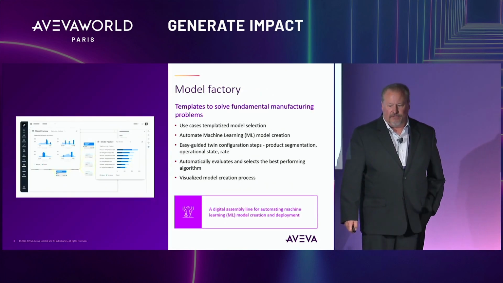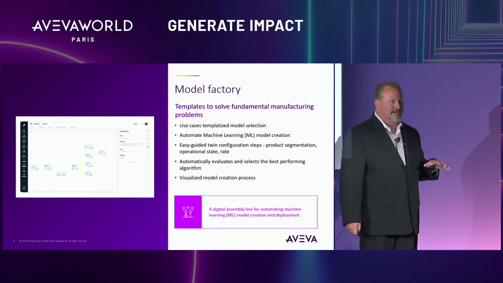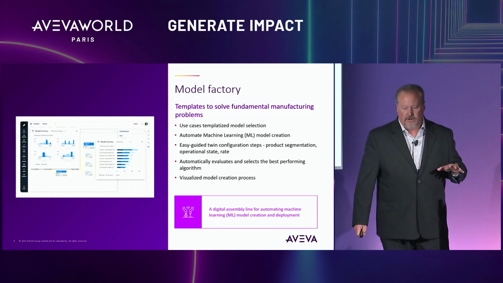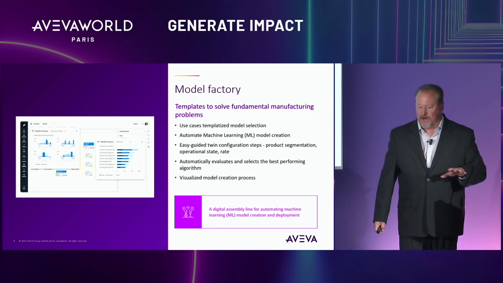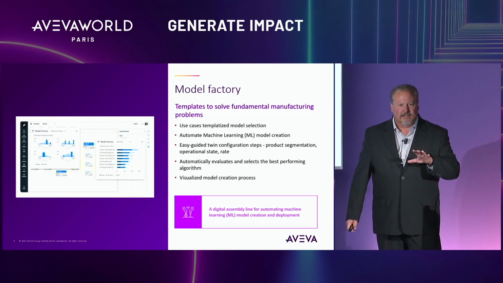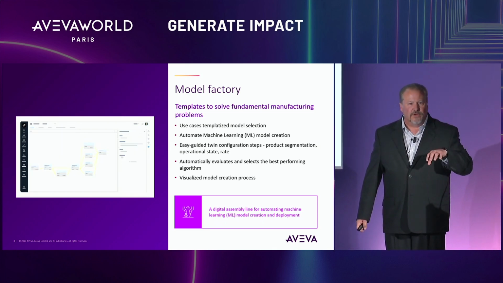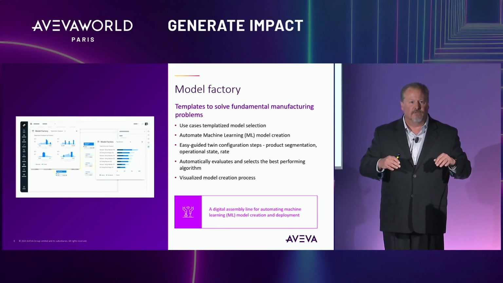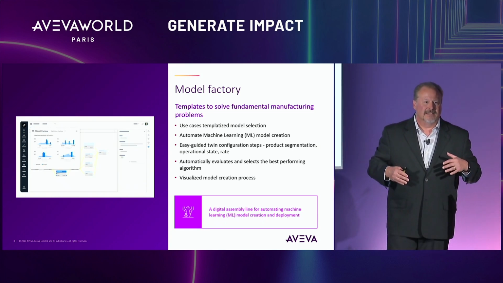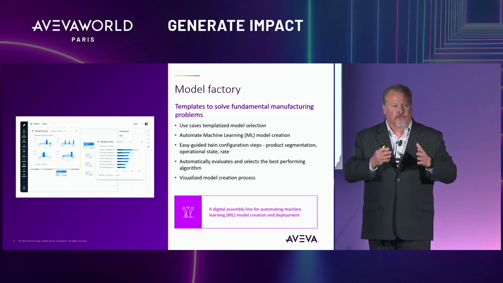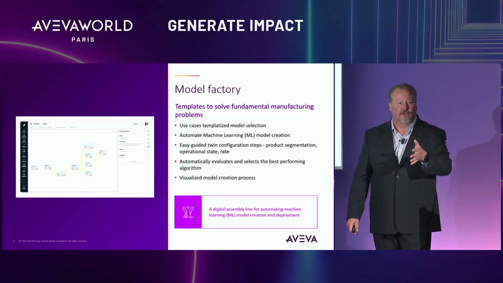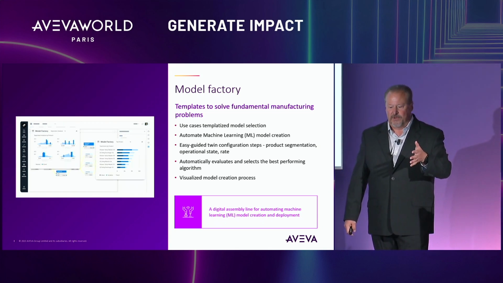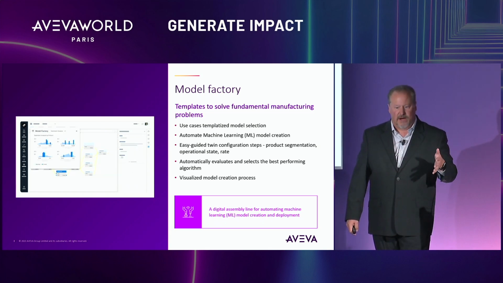So again, 3 big steps that we see for advanced analytics. The first one is creating that model factory. You can pick from all those 8 models that I showed you. You can pick one of those that you want to go down. We have wizards that are pre-configured to walk you through the necessary parameters to create that type of model.